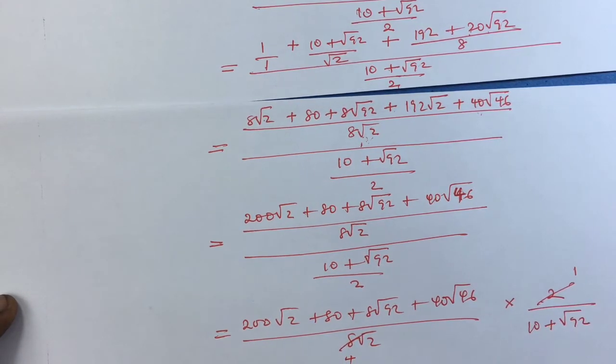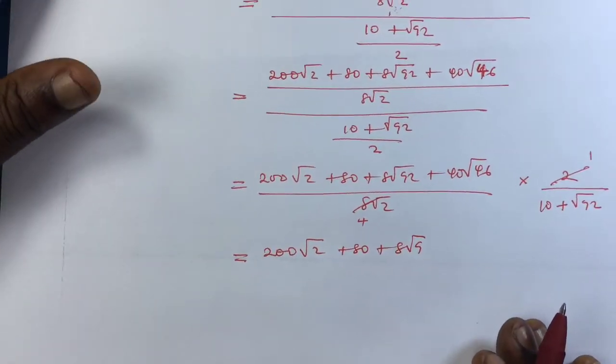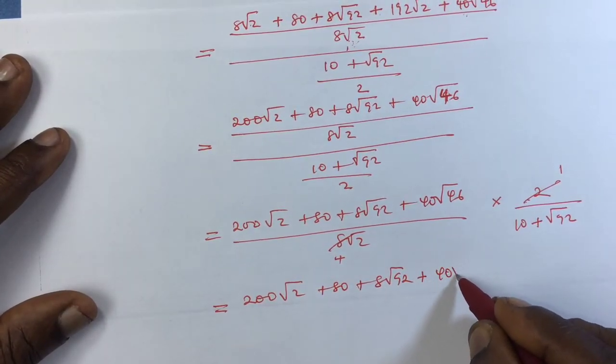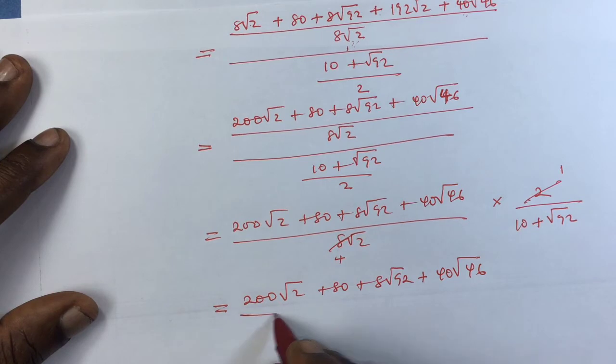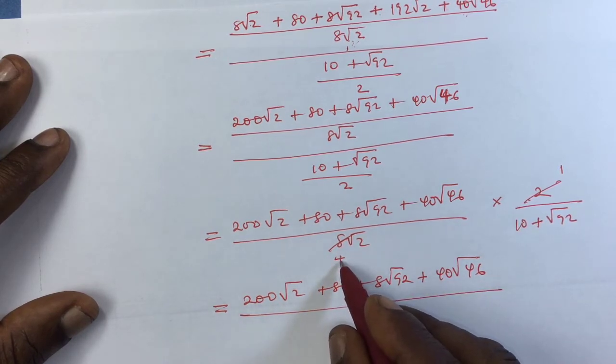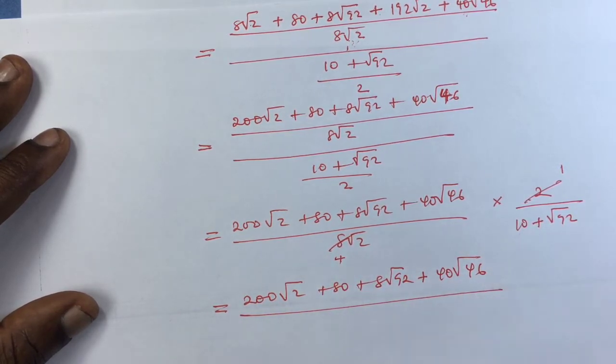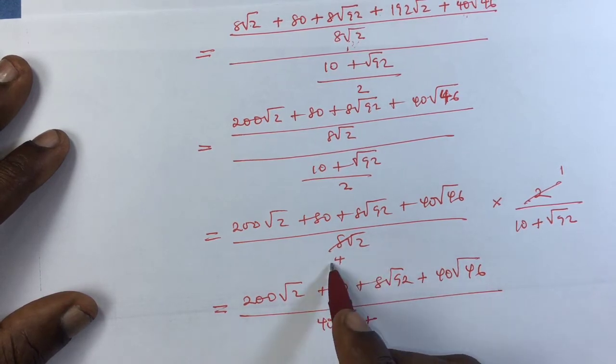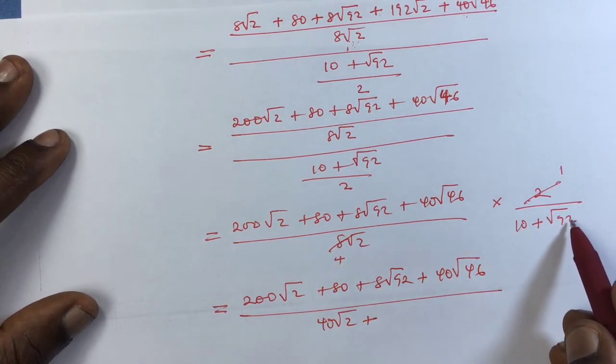And that will reduce everything to 200 root 2 plus 80 plus 8 root 92 plus 40 root 46 all over, what is left here is 4 root 2. So when it multiplies 10, it gives you 40 root 2 plus 4 root 2 times root 92.